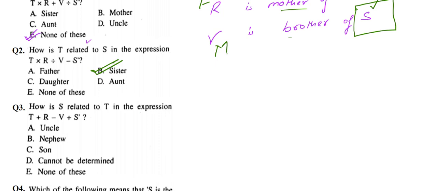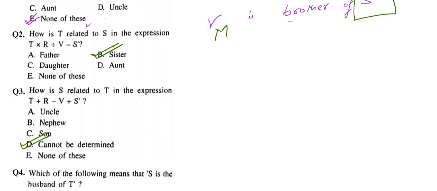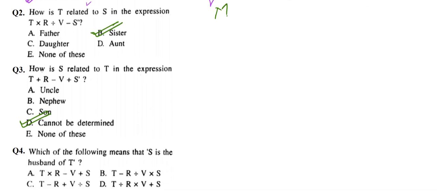So our answer of this question will be cannot be determined, because since we cannot determine the gender, we cannot determine the relation. So the answer will be D, that is cannot be determined.